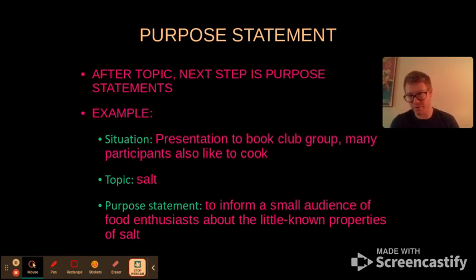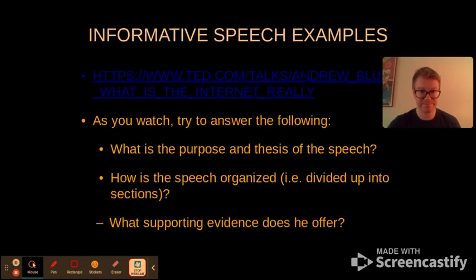So this doesn't have to be a formal thing that you do in your outline necessarily, but it is good to think about it. It should be reflected in the orientation of your topic overall, that there's a purpose specifically of, I want to inform people about a specific aspect of this thing, not just all the facts I can gather about salt.